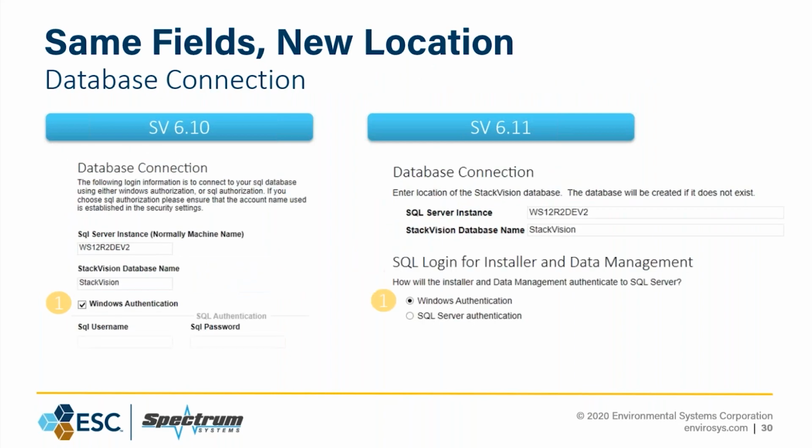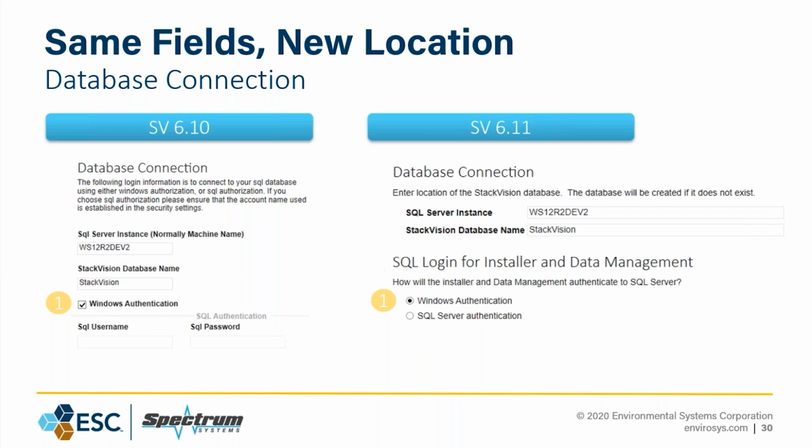So the database connection page also had a makeover. Same information, new location of the fields. Again, this was designed to be clear and precise on what is being selected as well as what it is actually doing. When you're entering in the StackVision database, the database will be created if it does not exist.